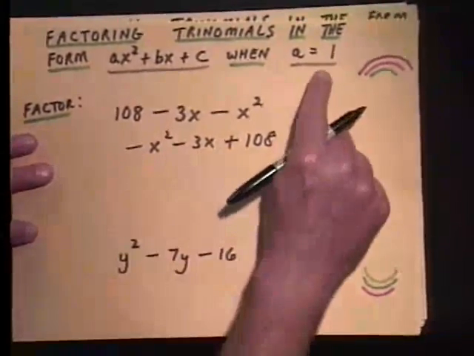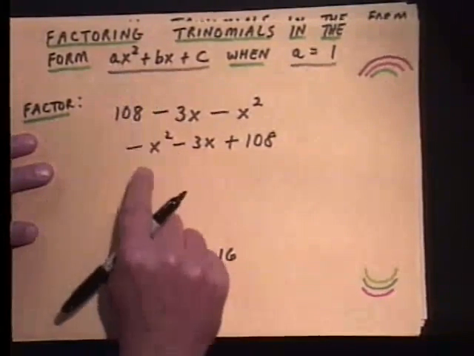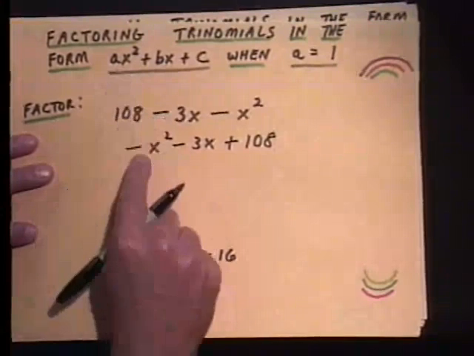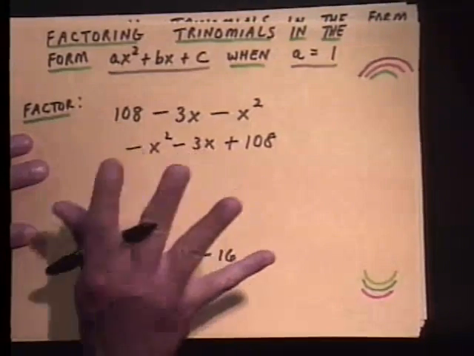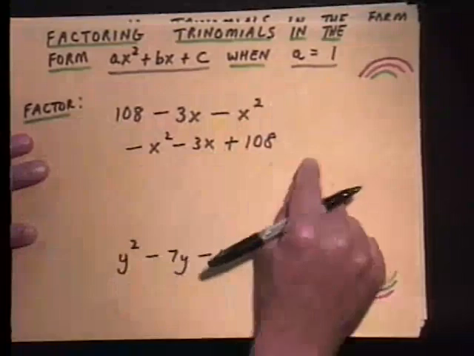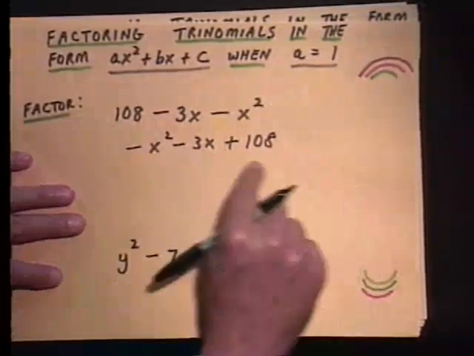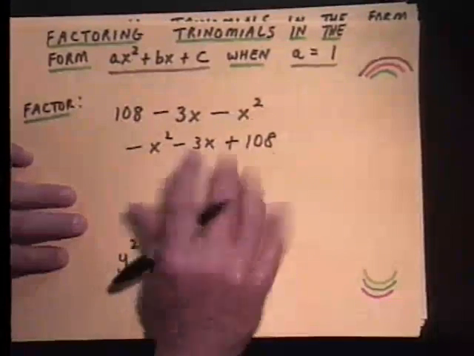Now, why is it so important that a is 1? It makes it easier to factor. Now, is this a 1 here in front of the x squared? No, it's not 1, it's negative 1. So how do I get rid of that negative? Now, a lot of students will mistakenly, don't go here, dangerous place, say multiply through by negative 1. But again, this is not an equation, so you can't go multiplying through by a negative 1.